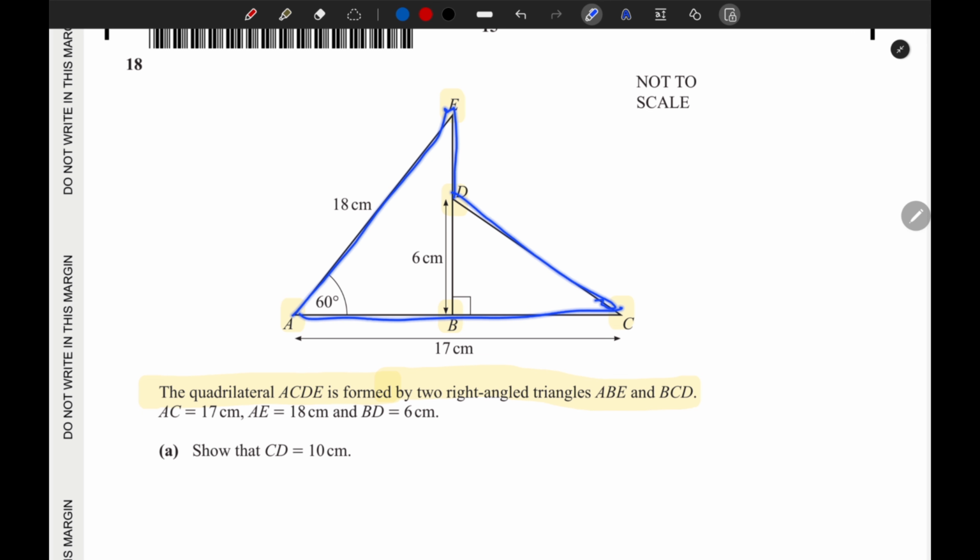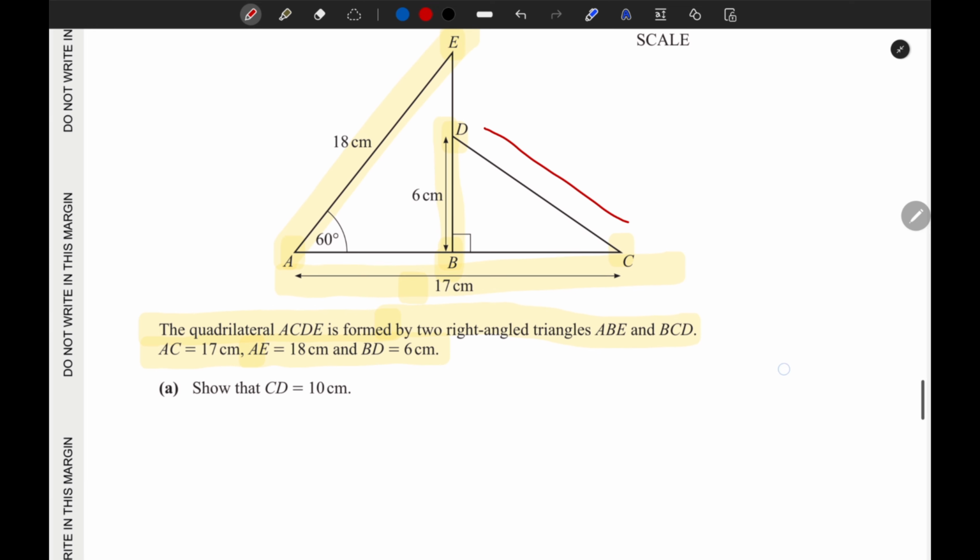This is a quadrilateral. They have given you AC as 17, AE as 18, and BD as 6. Show that CD is 10 centimeter. So basically you have to show that CD is 10 centimeter.